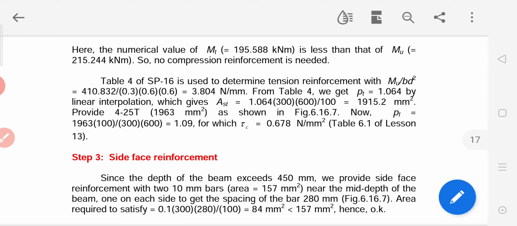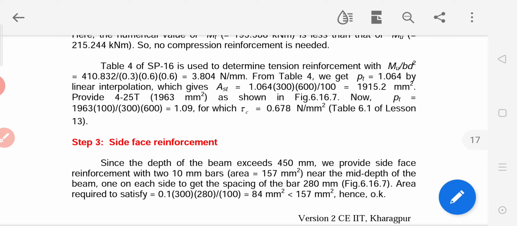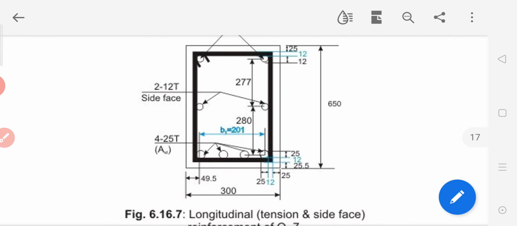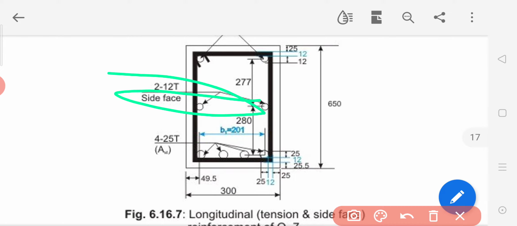So we put the values 0.1 into 300 into 280 divided by 100. The required area is 84 mm square, which is less than 157 mm square. Hence okay. In this diagram, this is the side face reinforcement we provide.